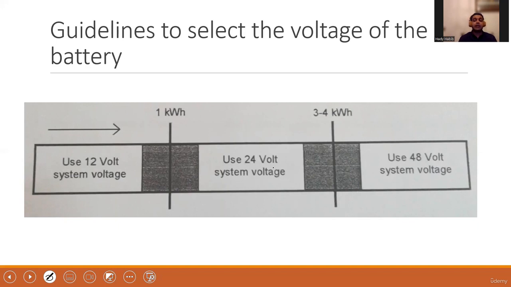If you are working in more than 4 kilowatt hour, you go for the 48 volt system voltage. It depends upon the total appliances of your house or the place that you are going to size to reach a 100% renewable energy community. It varies, but usually we follow this procedure.